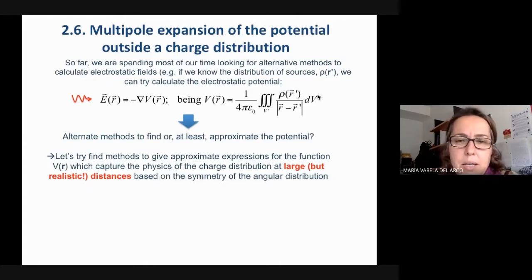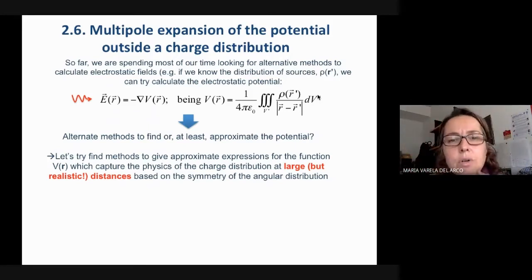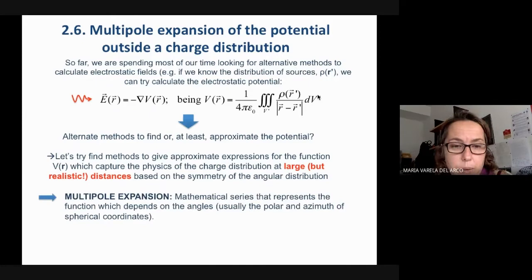We'll see about this in a moment. And the multipole expansion, I will insist because this is something new for you, is basically, in principle, a mathematical method, but it tries to capture the angular shape or the angular contributions, the asymmetry, if you want to, of my problem, and just express it in a number of terms, okay?